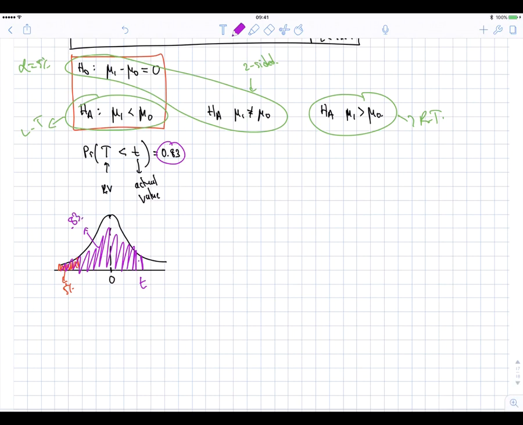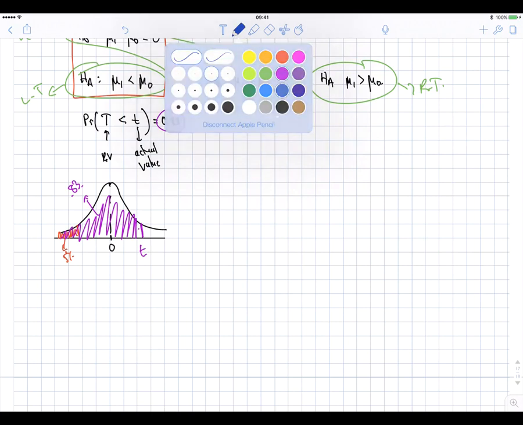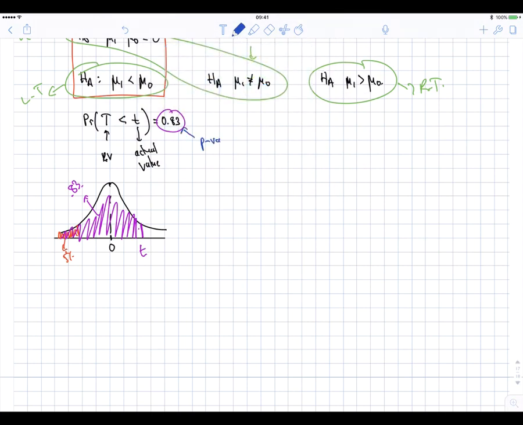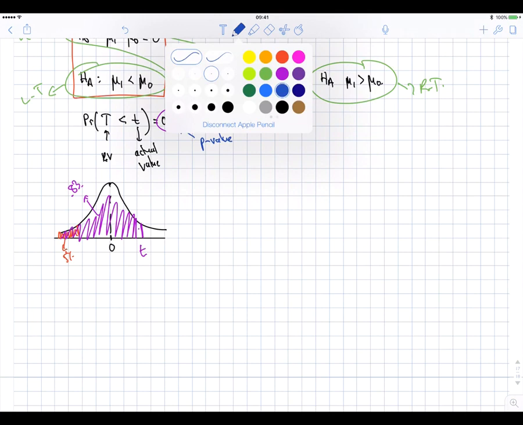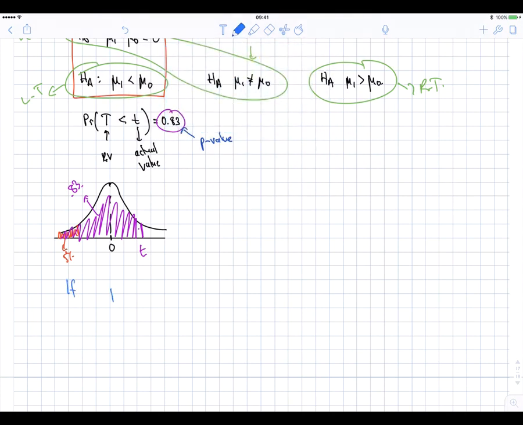So how do I decide whether to reject or accept this? Here's how I do it. If the p-value is higher than the significance level, what do I do?